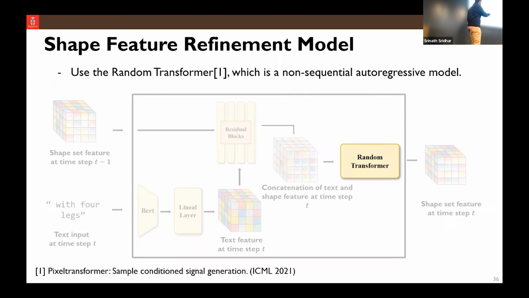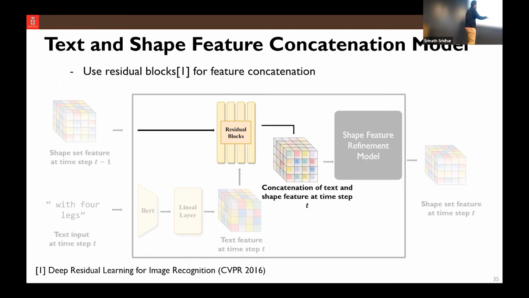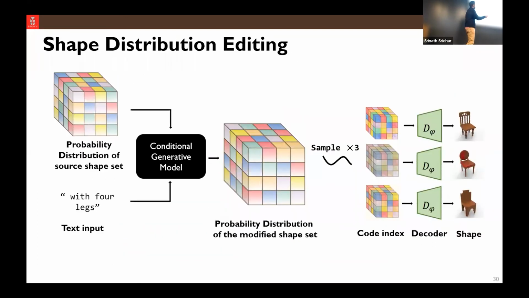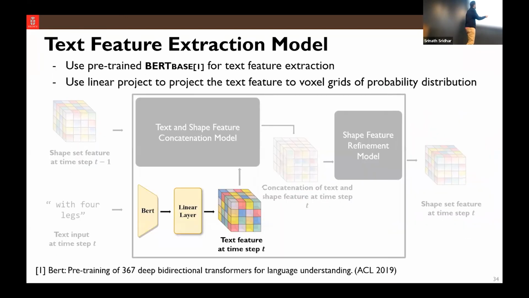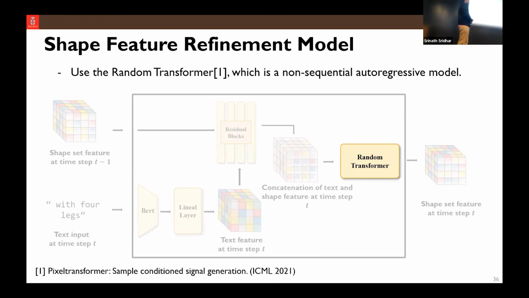The third component is the shape feature refinement model. For this, we use a random transformer from this particular paper, pixel transformer. Random transformer is a non-sequential autoregressive model.